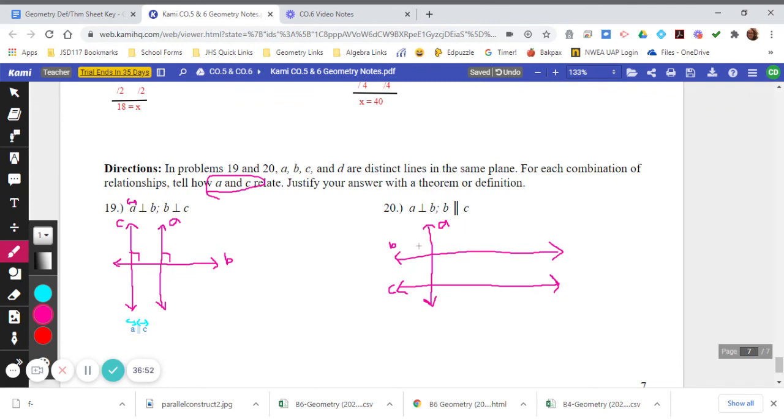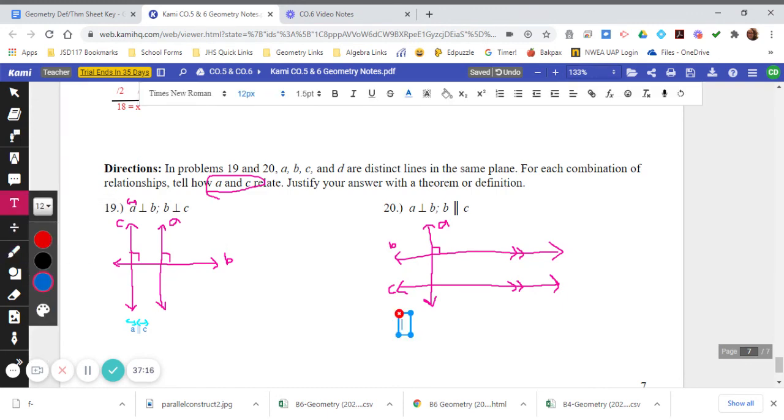So now that I am going to label my A and B as perpendicular, and B and C are parallel, so I'm going to use my 2 little arrows here and 2 little arrows here to indicate that those are heading off in the same direction. Now I know that A and C are going to be perpendicular.